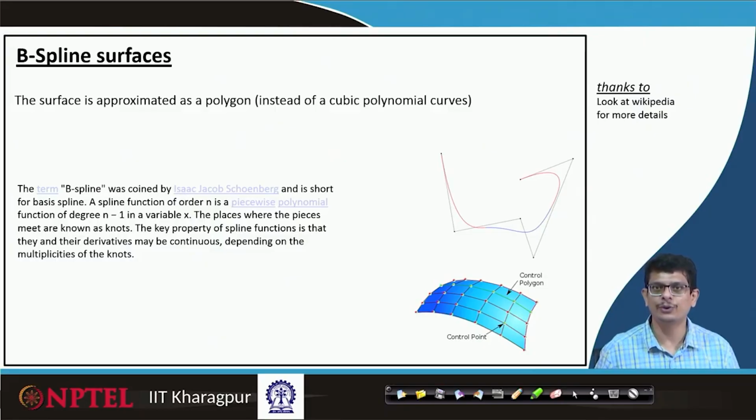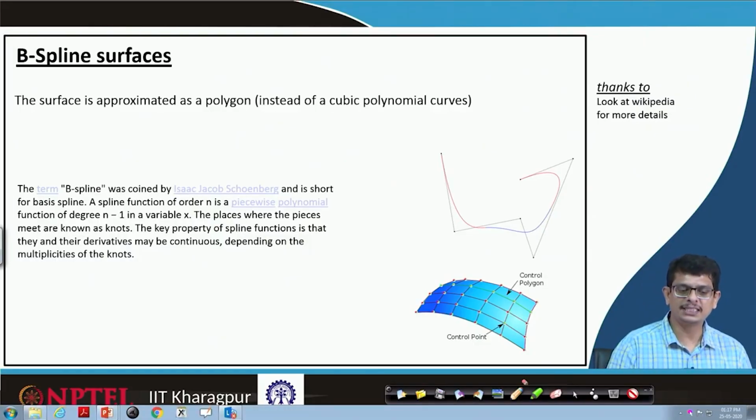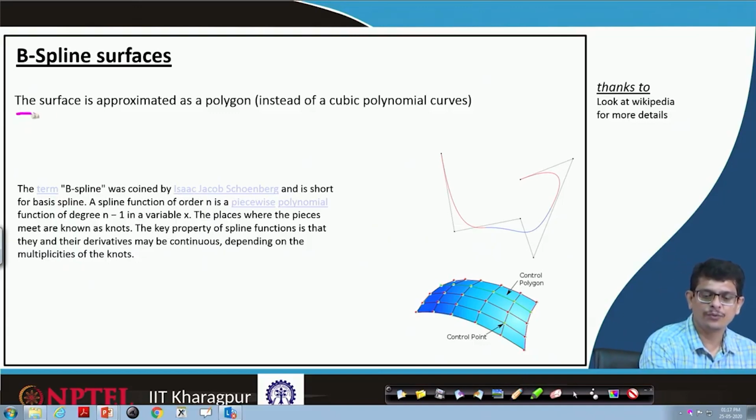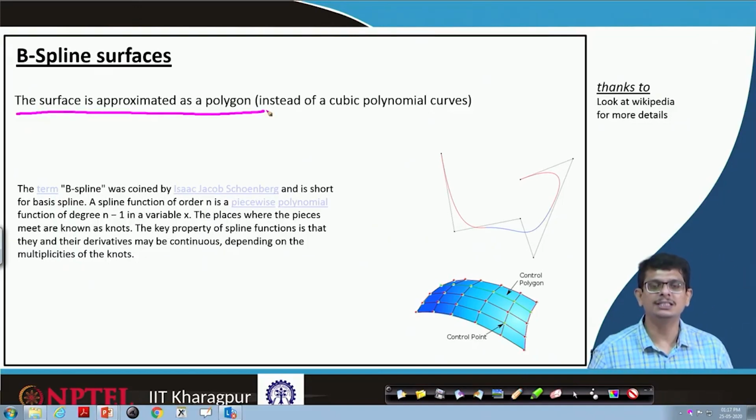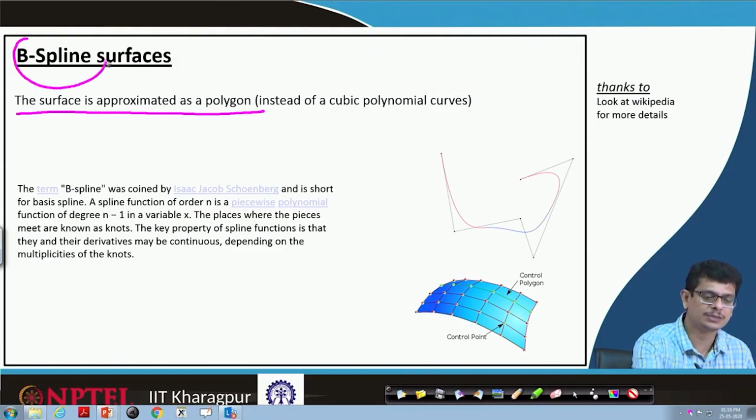That is what we are going to learn. In basis spline techniques, we are going to use polygons instead of cubic polynomials. So, instead of using cubic polynomials, if we use these polygons, we call that basis splines.